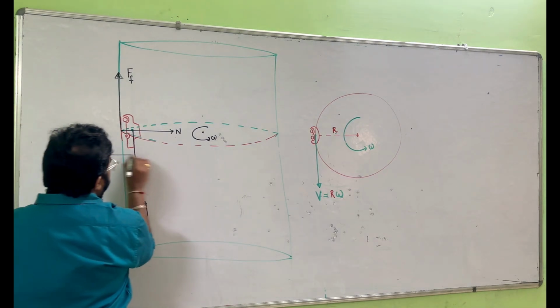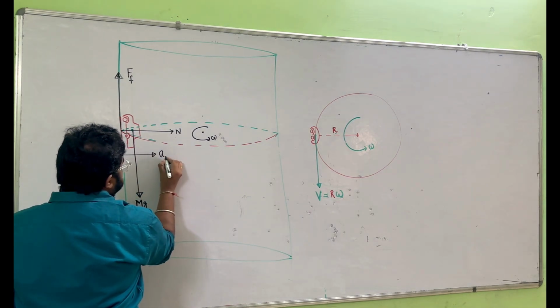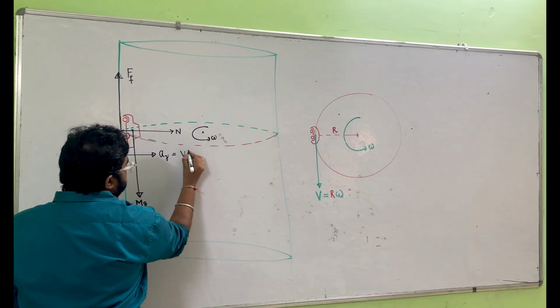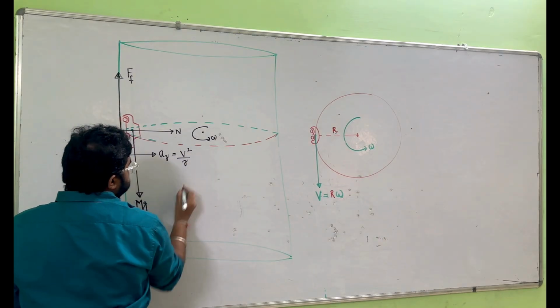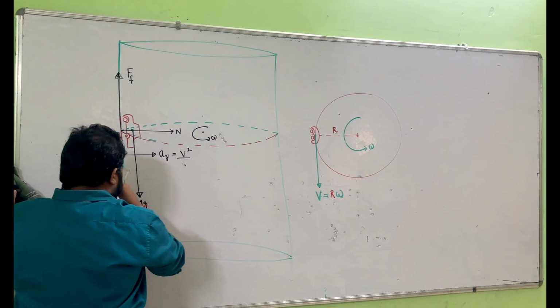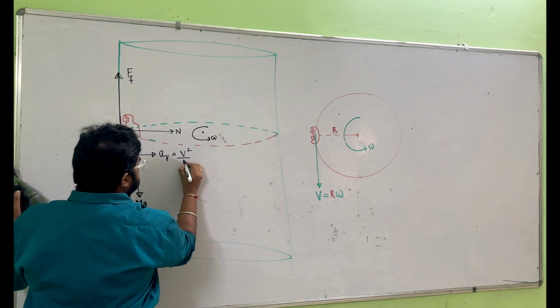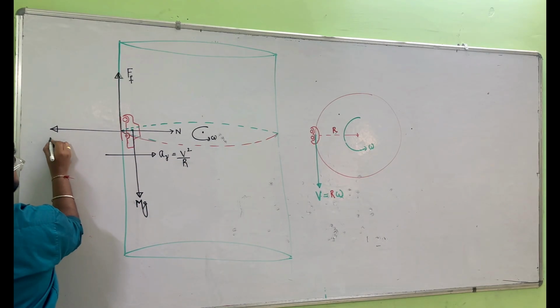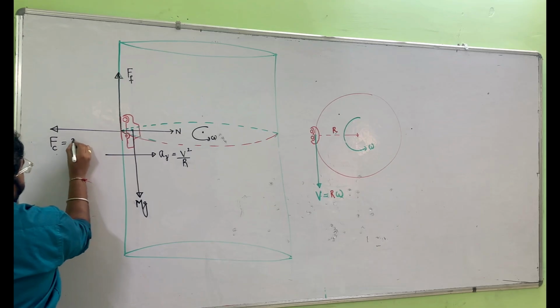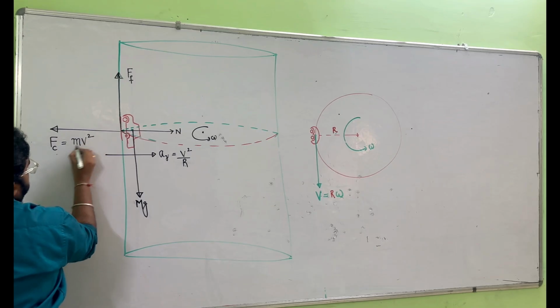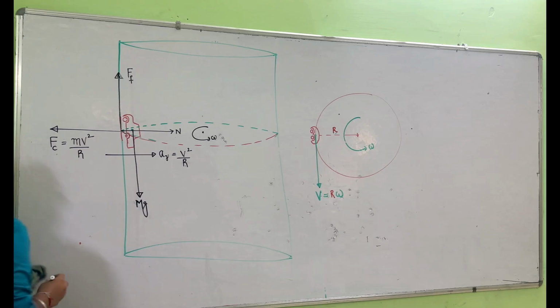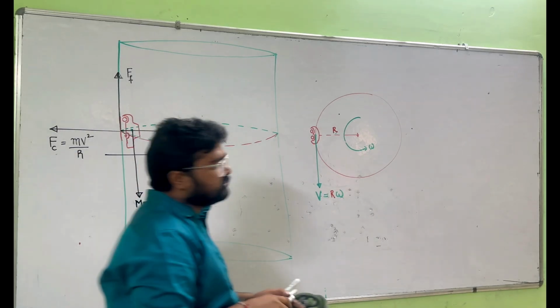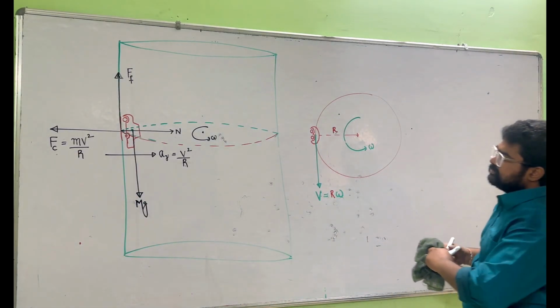Here radial acceleration is towards the center of circular motion, v² by R. Centrifugal force always acts opposite to the direction, mv² by R, centrifugal force. Same story here also.